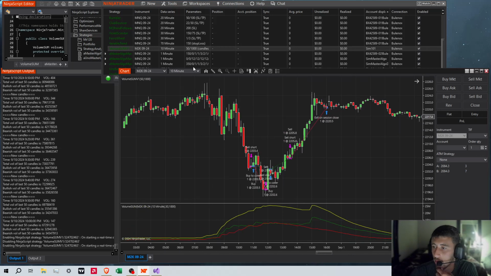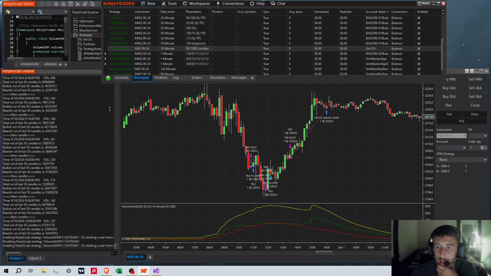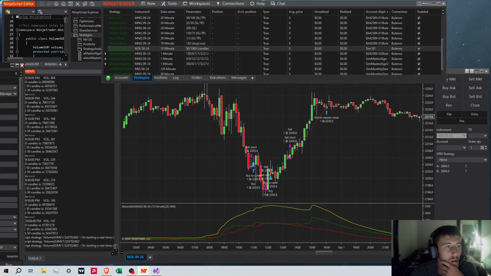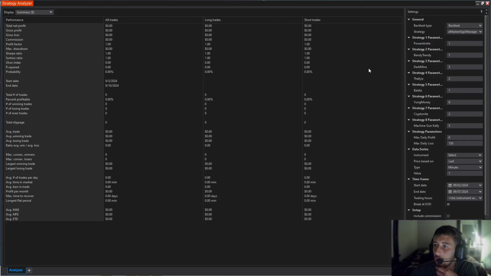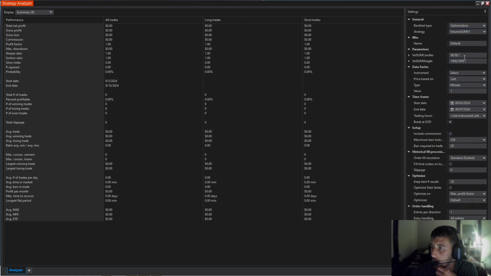So the main reason of making it just like this is I just wanted to see what the best settings are for this to get the most accurate. And so hopefully this can help us. So we'll do 10 to 100 by 10.